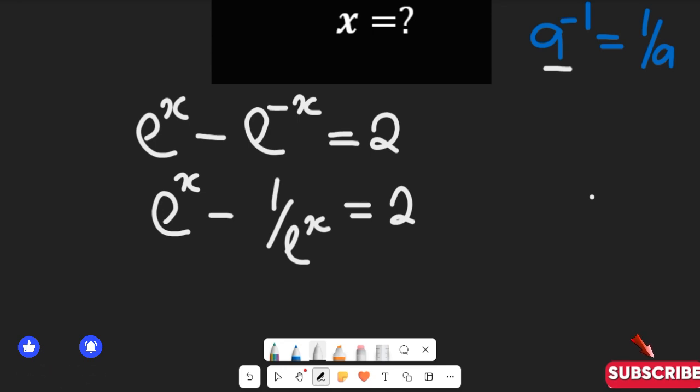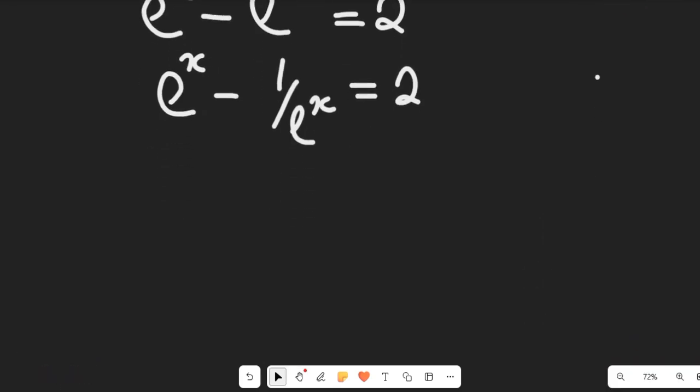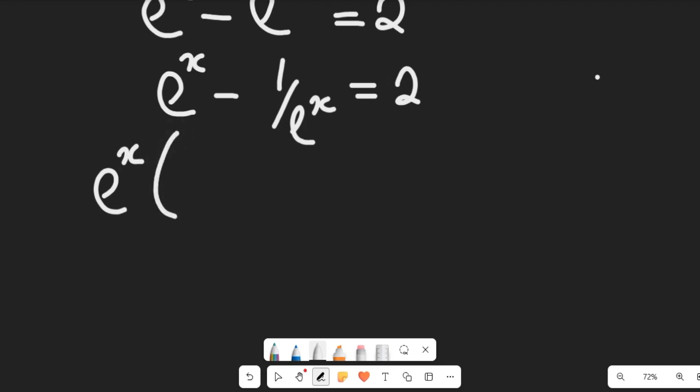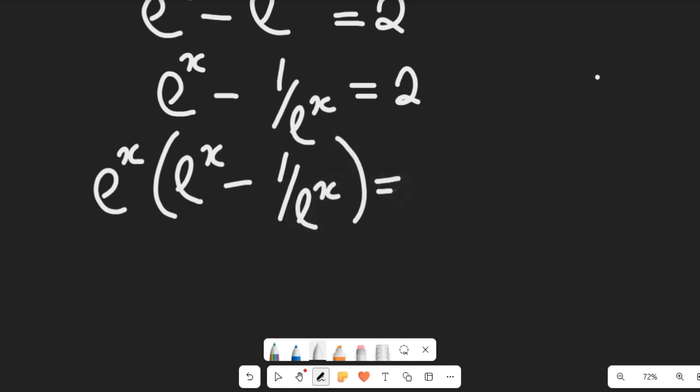If I multiply all through by the exponent value of x, I'm going to have the exponent value of x multiplying the exponent value of x minus 1 divided by the exponent value of x, and this will be equal to 2 multiplying the exponent of x.